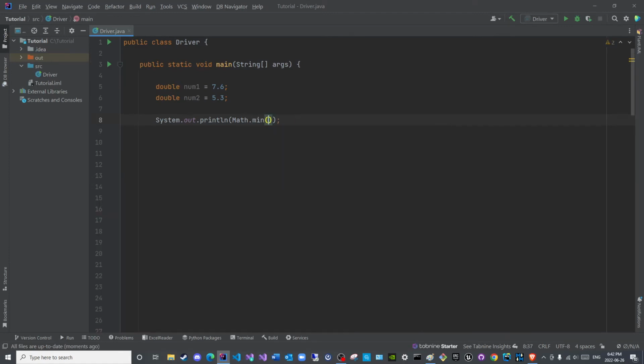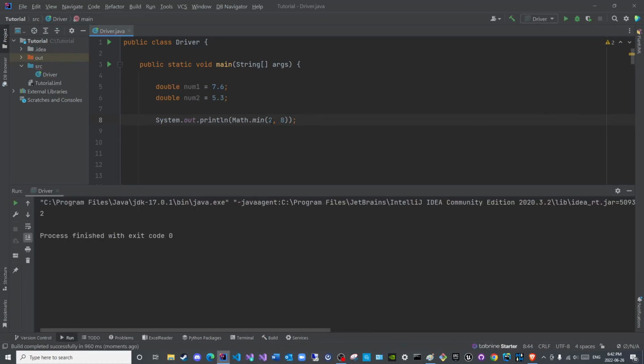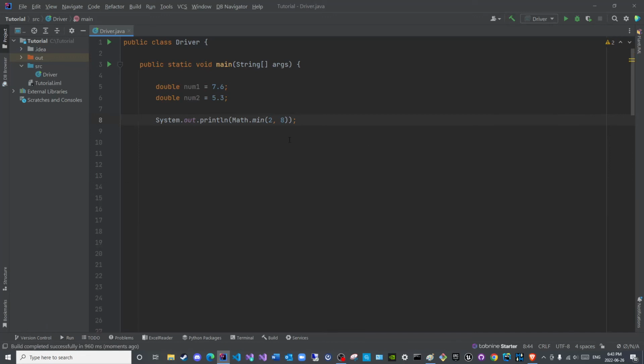So min, we have 2 and we have 8. This should return 2 because that is the minimum value out of both. This can be used in an algorithm where you wish to locate the smallest number in an array. You can use min here.